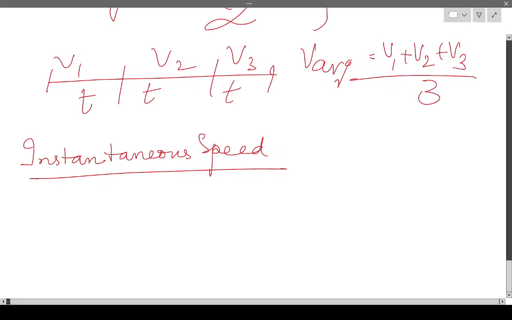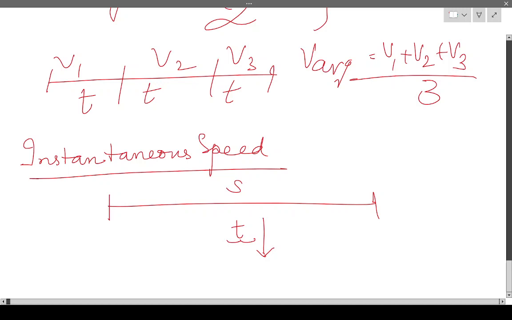Now, what is a way to do that? For that, you will take a time interval. Let us take this is time t, and you assume that you are covering a distance of s. Okay. Now I want to reduce this time interval as small as possible. Can I make it zero? No, that is impossible. Okay.